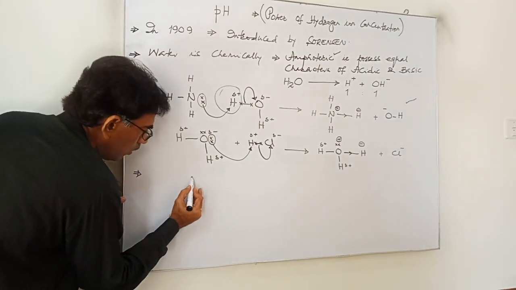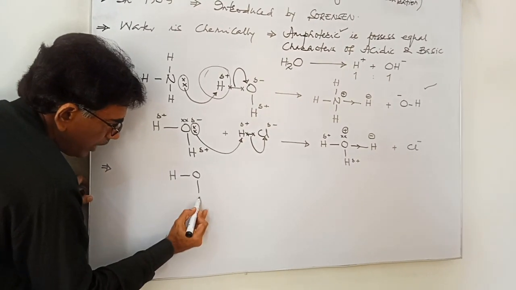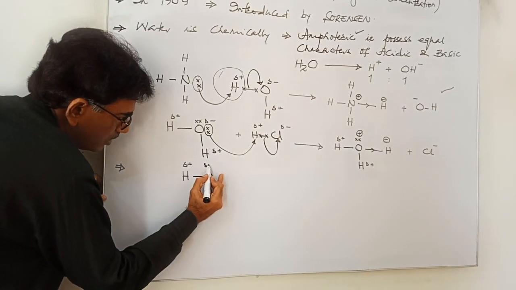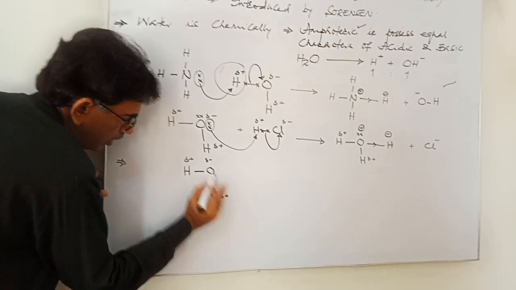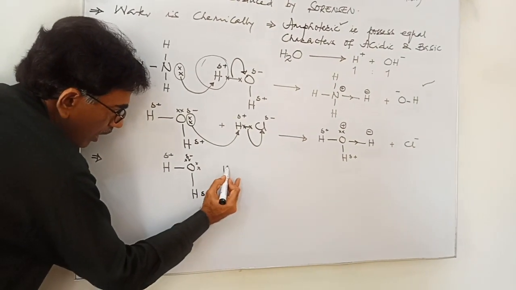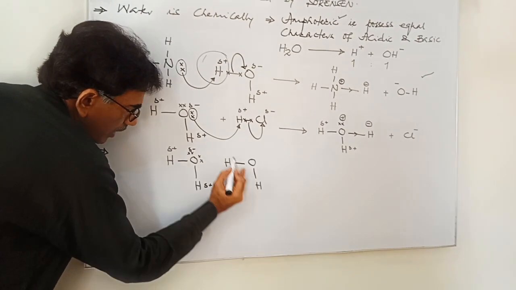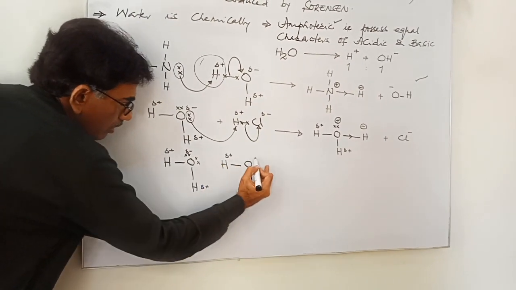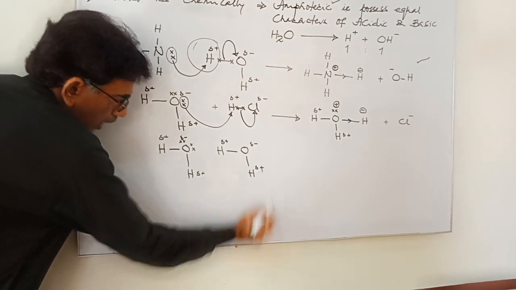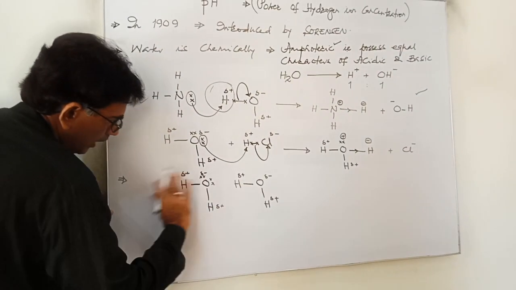So if I draw the structure again to express the mechanism, we have the same characters over water, the presence of two lone pairs. We have another water molecule, because in bulk water we have many water molecules. They are physically linked, that is through hydrogen bond. But along with that, what happens within the molecules?